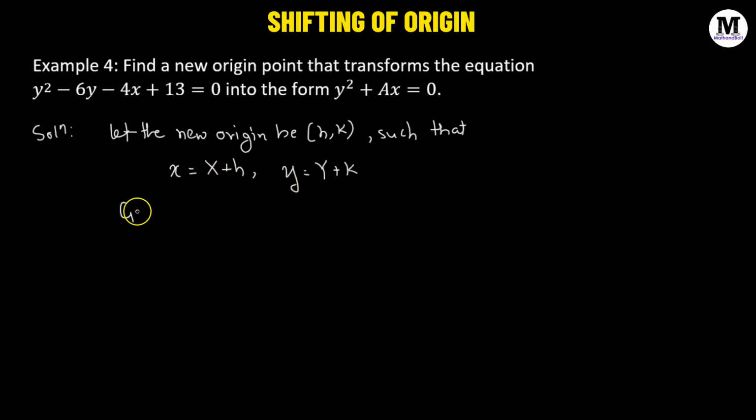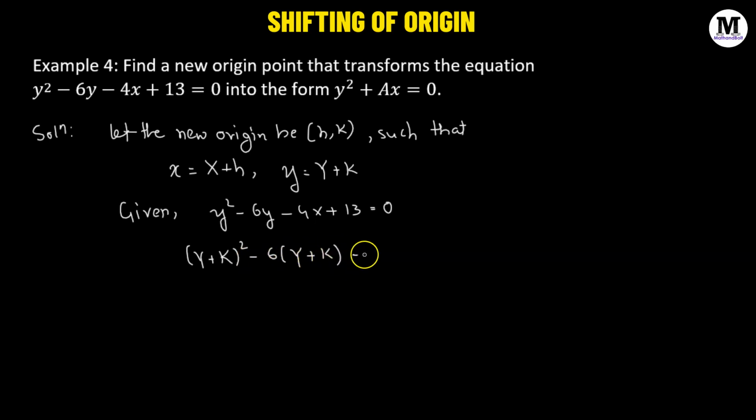So we'll start with our given equation. So we have y squared minus 6y minus 4x plus 13 equals 0. Let's replace y with y plus k, whole square, minus 6 times y, so y here is y plus k, minus 4 times x, so x here is x plus h, plus 13 equals 0.